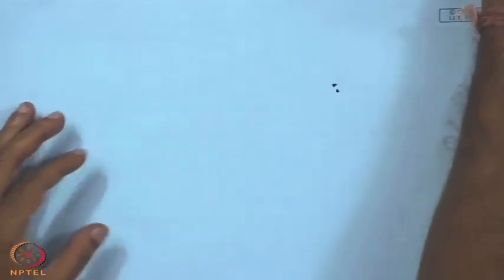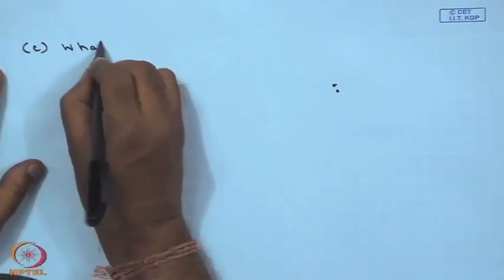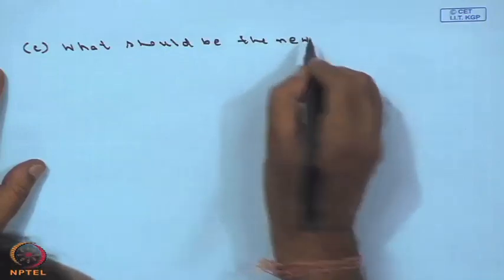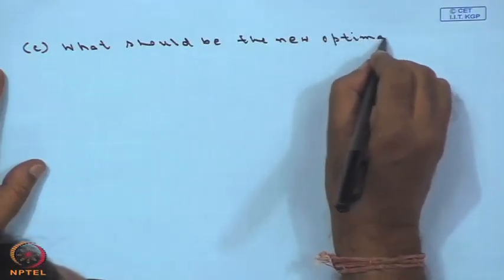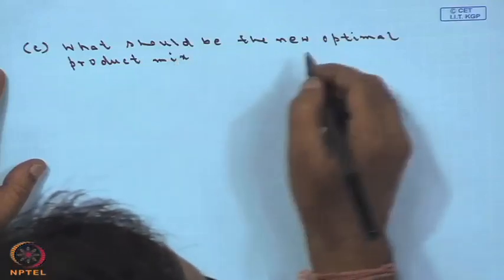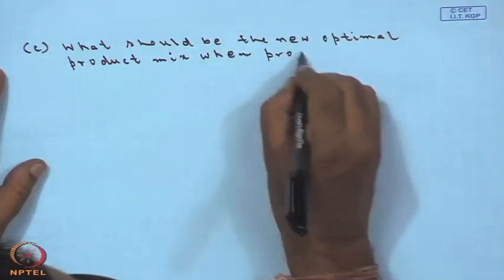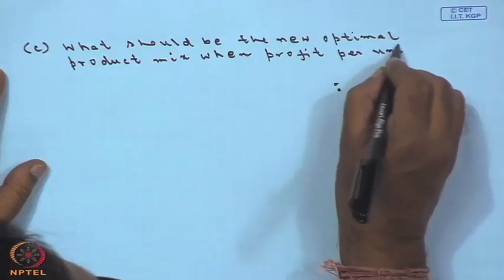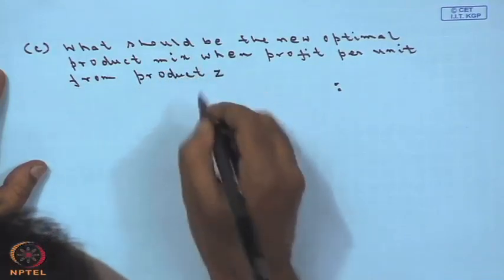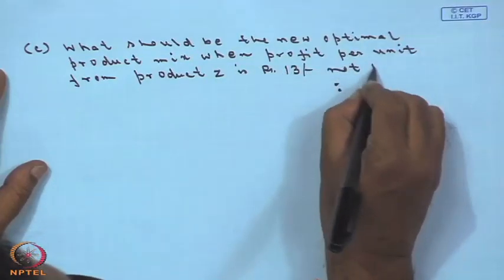This is number 2. Now number 3: what should be the new optimal product mix when the profit per unit from product Z is rupees 13, not rupees 4?